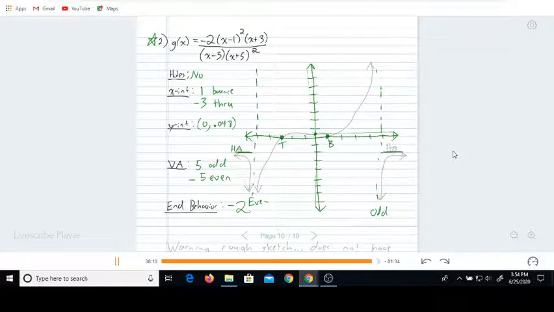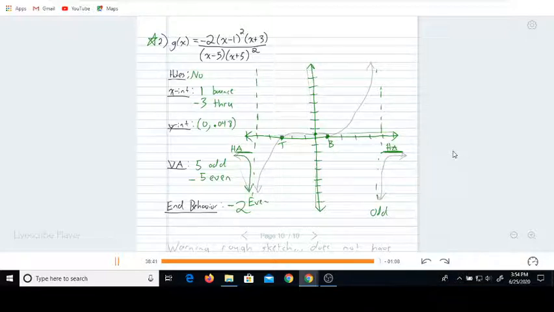Now notice I'm only marking it out at the ends because that's the only place where it matters. Now what's nice about having a non-zero horizontal asymptote is it tells us where to start without having to do a test point. So going from left to right, I cannot put it in the upper corner because then I'd have an x-intercept that's not there. So it has to be in this bottom corner.